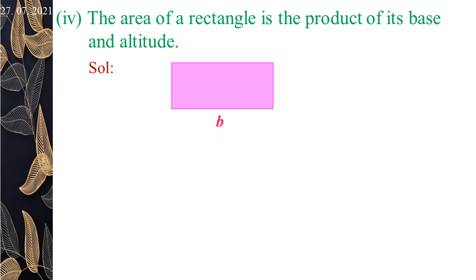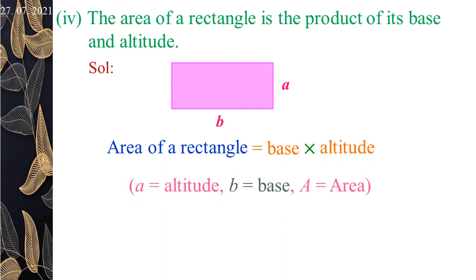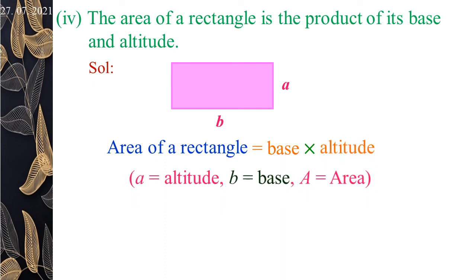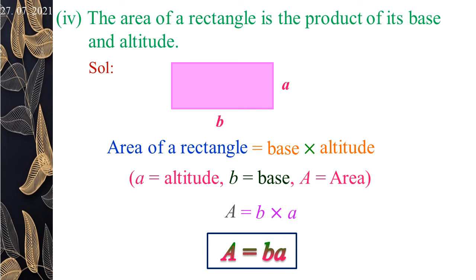Base means B, altitude means A. Area of a rectangle equals base into altitude. So A equal to altitude, B equal to base, A equal to area. Therefore, the area of the rectangle, A equal to B into A. Therefore, A equal to BA.